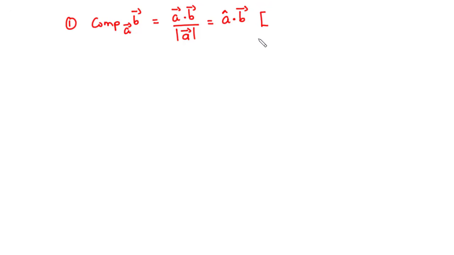Given that A and B are two vectors, the scalar projection of vector B onto vector A, which is sometimes referred to as the component of vector B along vector A, is equal to the dot product of vector A and vector B divided by the magnitude of vector A. We can simplify this: vector A divided by its magnitude is the unit vector of A, that is A cap, dot vector B. So it's simply the dot product of the unit vector of A and the vector B. The result after finding the scalar projection of a vector onto another is a scalar.